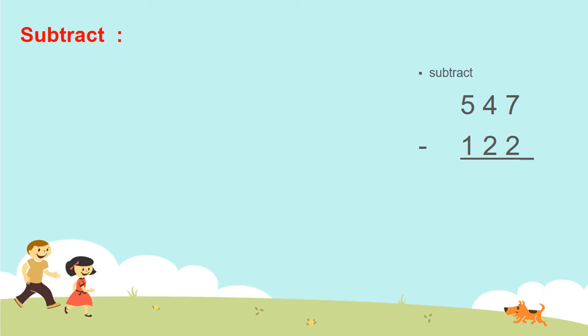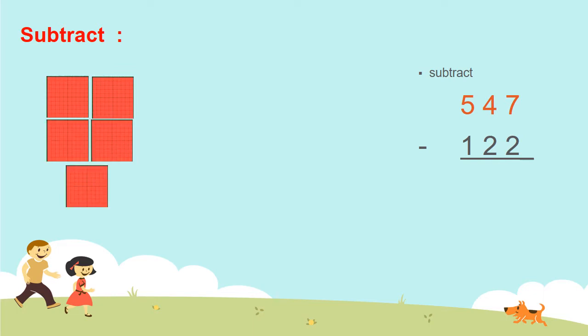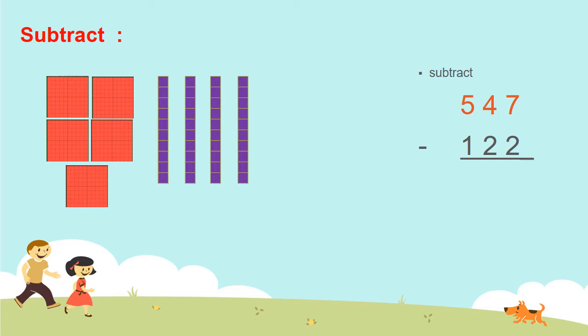Okay, let's start by representing the first number. 5 hundreds and 2, 3, 4 tens and 1, 2, 3, 4, 5, 6, 7. These are 7 ones. Okay, good.